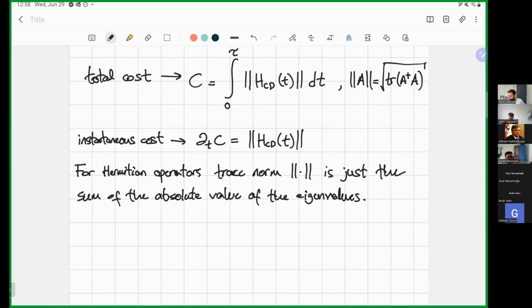Now, we can basically calculate this term for the Landau-Zener model that we are talking about.